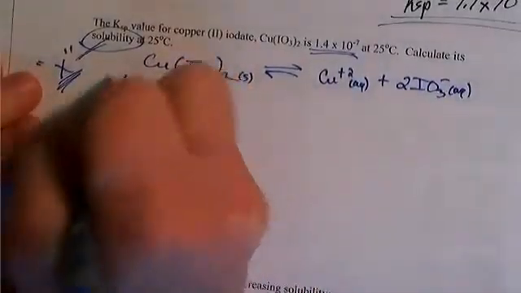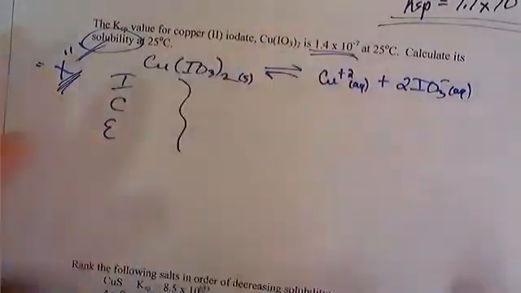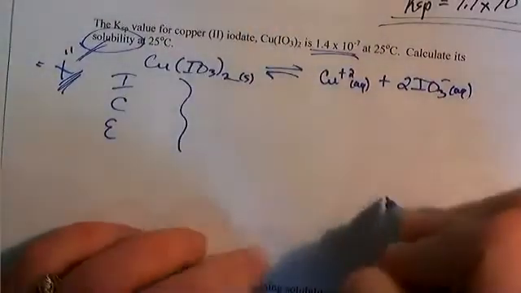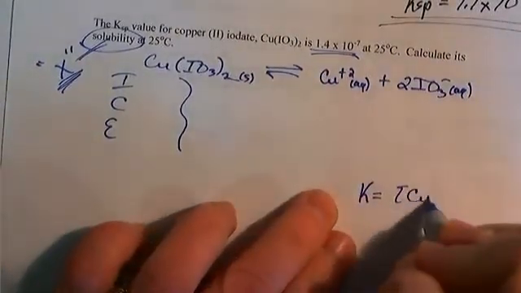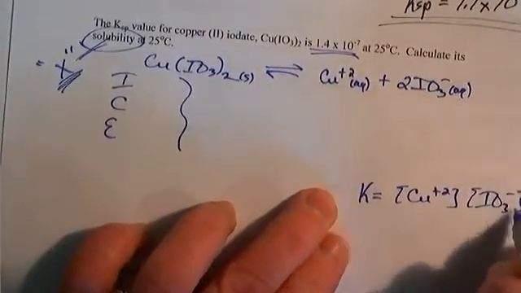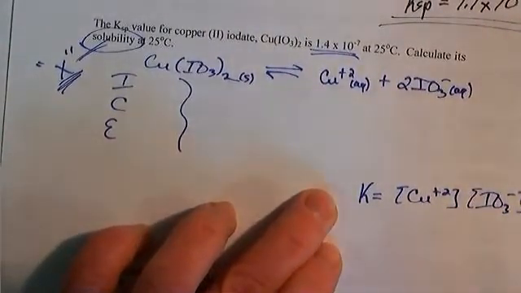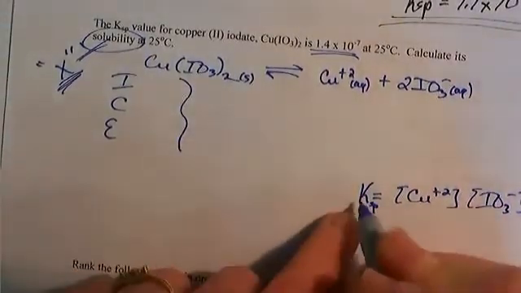Okay, so if we are proceeding forward with an ice table, solids do not impact our equilibrium position. Our K is copper plus 2 to the first, our iodate to the second, and of course, because it's describing insoluble solids, it's Ksp.